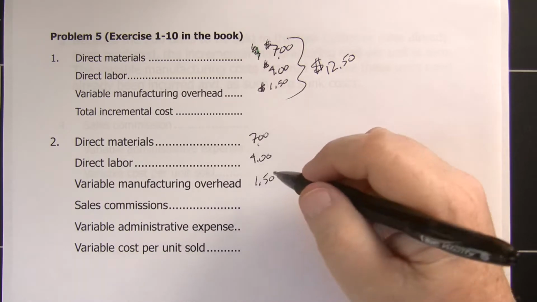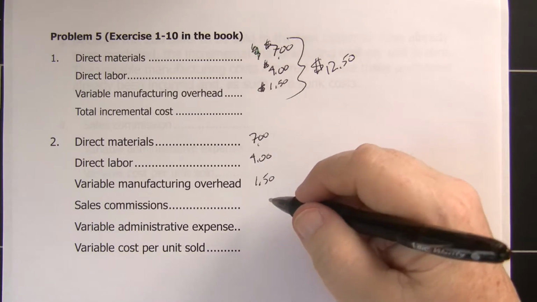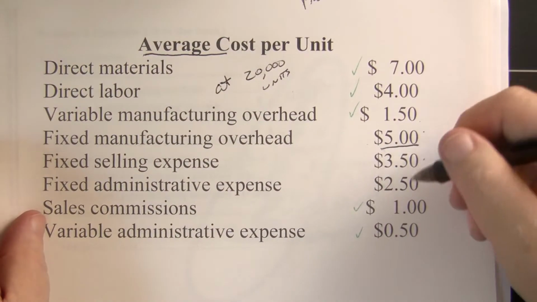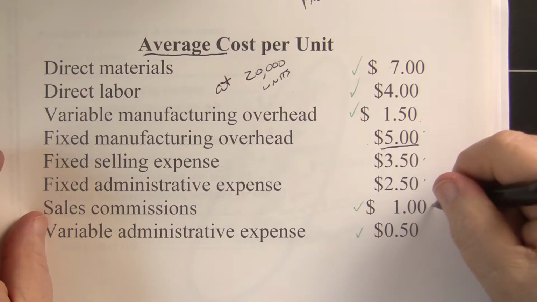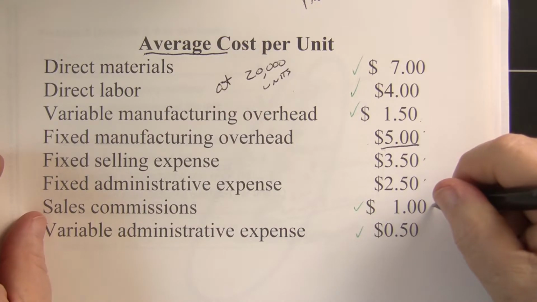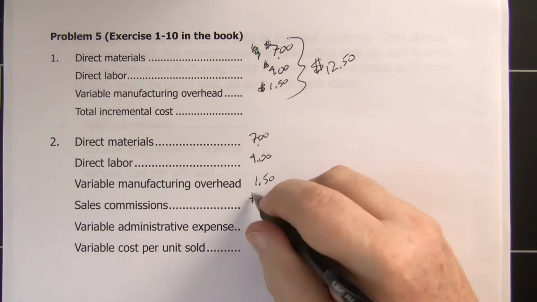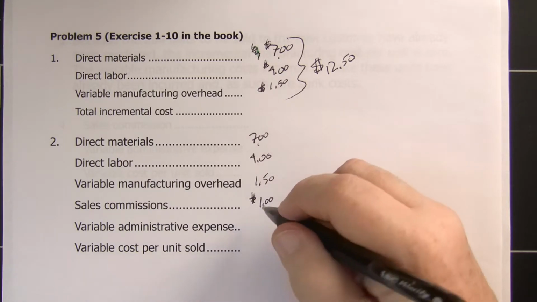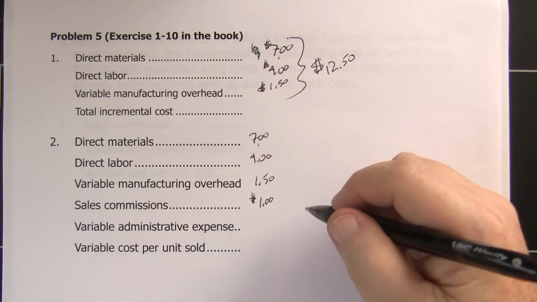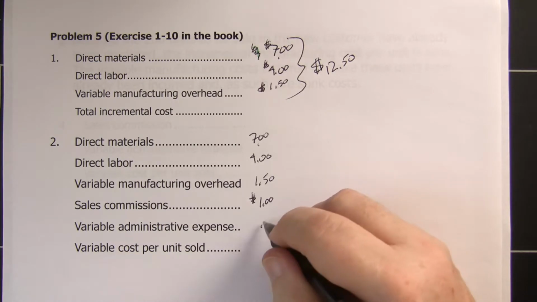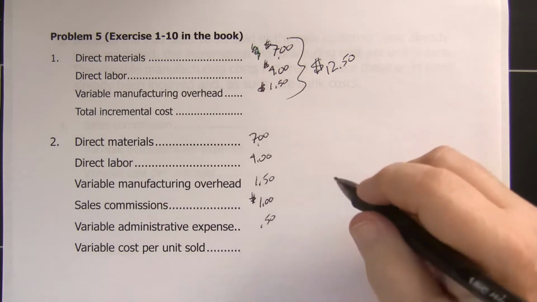None of this has changed. We have sales commission, which is $1 per unit. So for every unit we sell, we pay $1 to our salesperson. We have our variable admin expense of 50 cents.